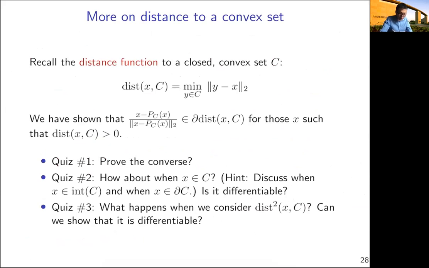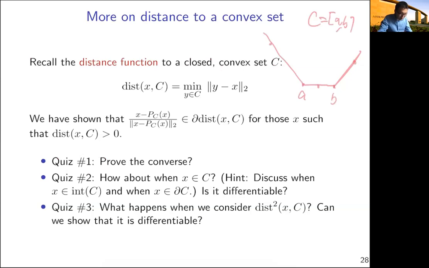Recall that previously we gave this one-dimensional example of a line segment, and the distance to the convex set when C is equal to the line segment AB looks like the following. From this, we can already tell that this function is differentiable in places that are outside A and B, and it is also differentiable in places that are between A and B, right? But on the boundary of this convex set it is not actually differentiable.